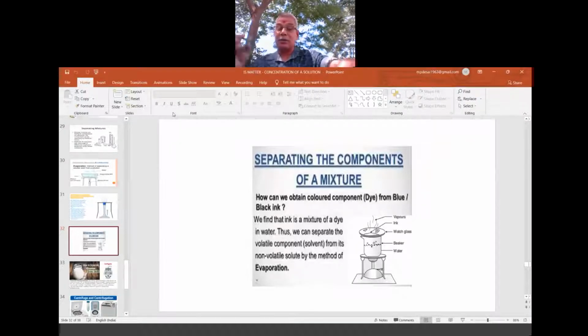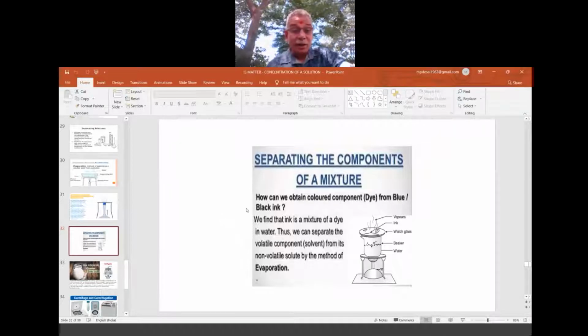Because of the small amount of heat, the solvent present in the ink evaporates, so that colored dye, the colored solid, will remain in the watch glass. In this way, we can separate the colored component from the ink by the method of evaporation in an indirect way, not the direct way. Because again, I will repeat, property matters.